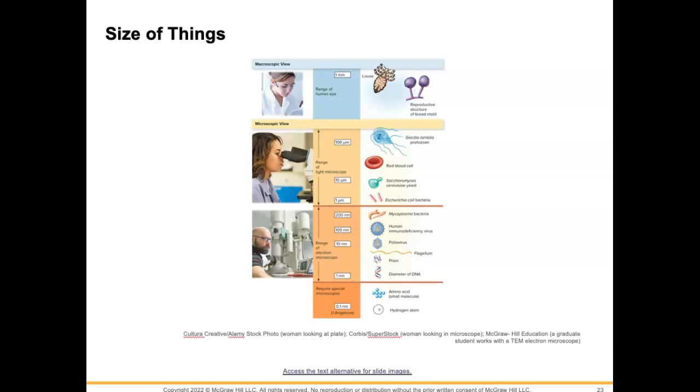HIV is smaller than E. coli. When you look at the individual sizing, these aren't necessarily to scale when you start looking at the numbers here. But just to give you a visualization of the difference in sizes. So I'm going to stop here, and I'll pick up on the microscope in part 3 of chapter 2.